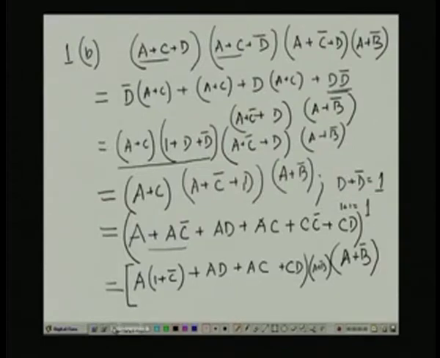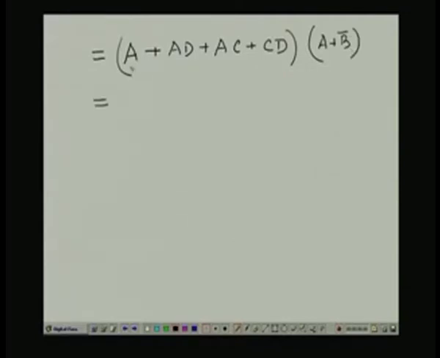Now, see 1 plus C bar is 1. So, this becomes A plus A D plus A C plus C D, into A plus B bar. Now, again I will take A common.